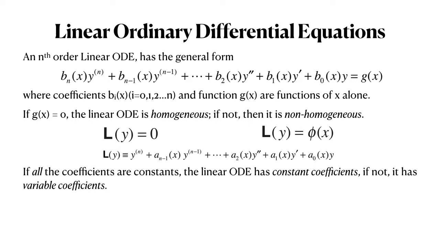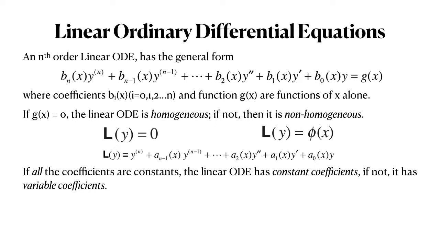So, the coefficients b of x of all our derivatives y to the nth prime, and also g of x, should be just functions of x alone. We have also known that if g of x is equal to 0, our linear ODE is homogeneous, and if not, it is not homogeneous.